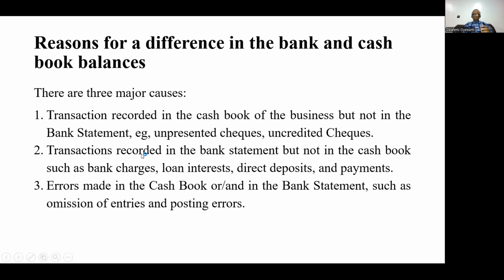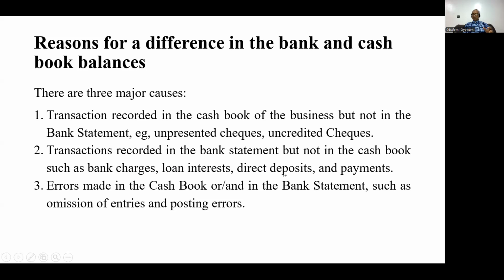Number two, transactions recorded in the bank statement but not in the cash book. It's also possible for some transactions to be recorded in the bank statement, known to your bankers, but not known to you. For example, we talk about bank charges, loan interest, if you're taking a loan from the bank.